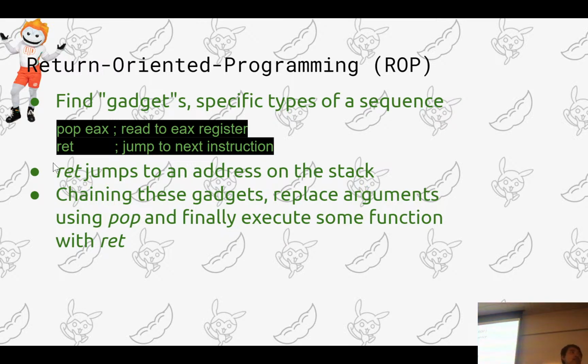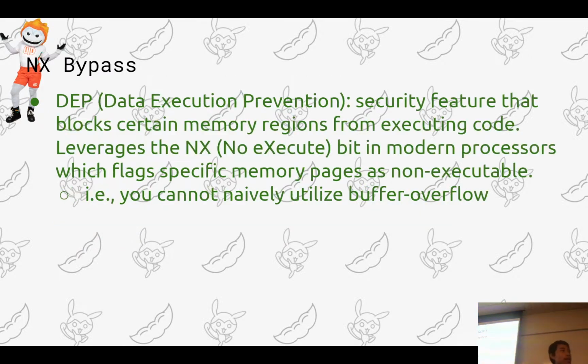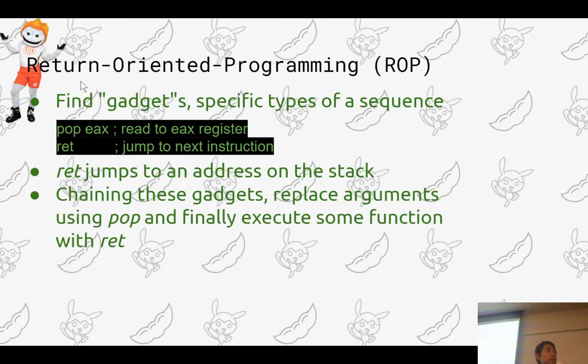By placing these gadgets in the return address and chaining them, they replace arguments using this pop. They read into the EAX register and execute this kind of pop over and over again, and finally execute some function with the desired arguments. With this technique, they got around NX.